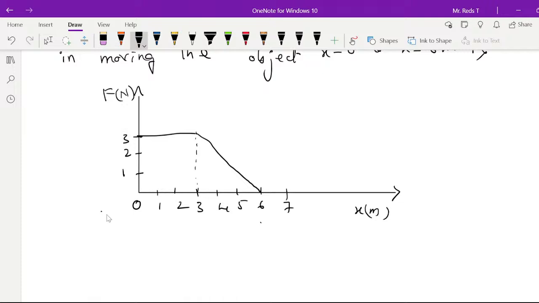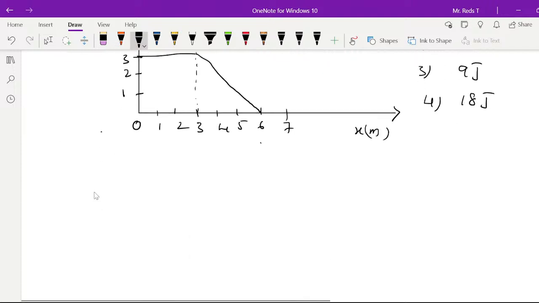So write down the options. First option 4.5 joule. Second one 13.5 joule. Third one 9 joule. Fourth one 18 joule.